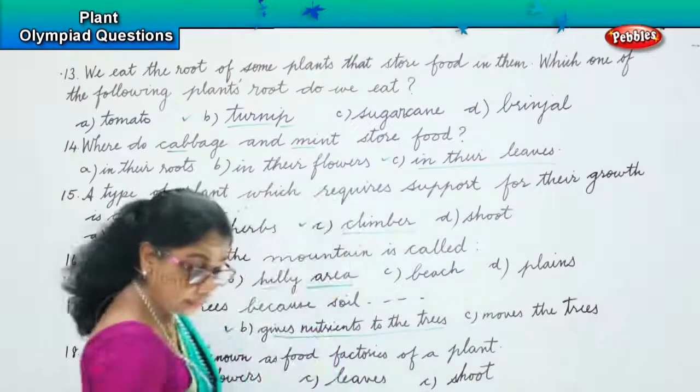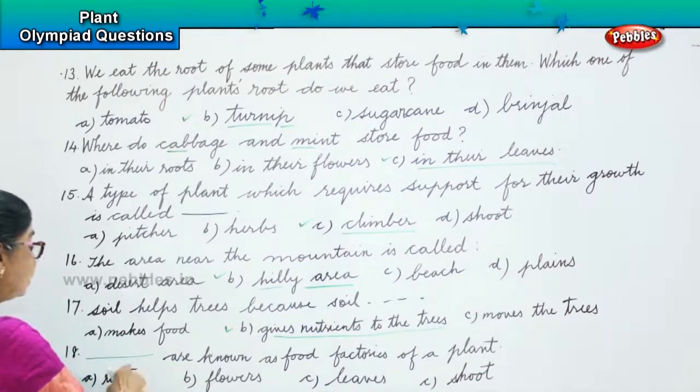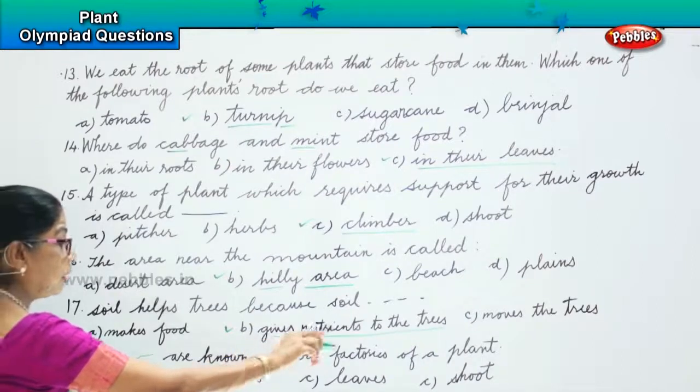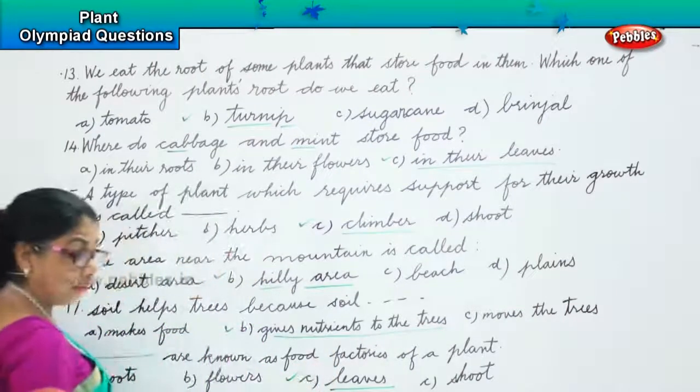Let's get the answer. Which is the correct answer? Dash are known as the food factories of a plant. Leaves. Leaves are known as the food factories of plants.